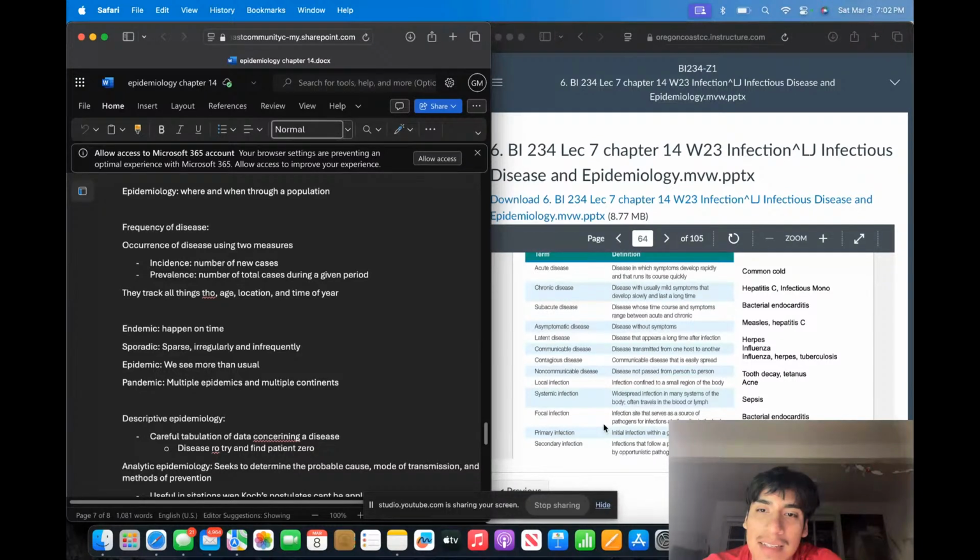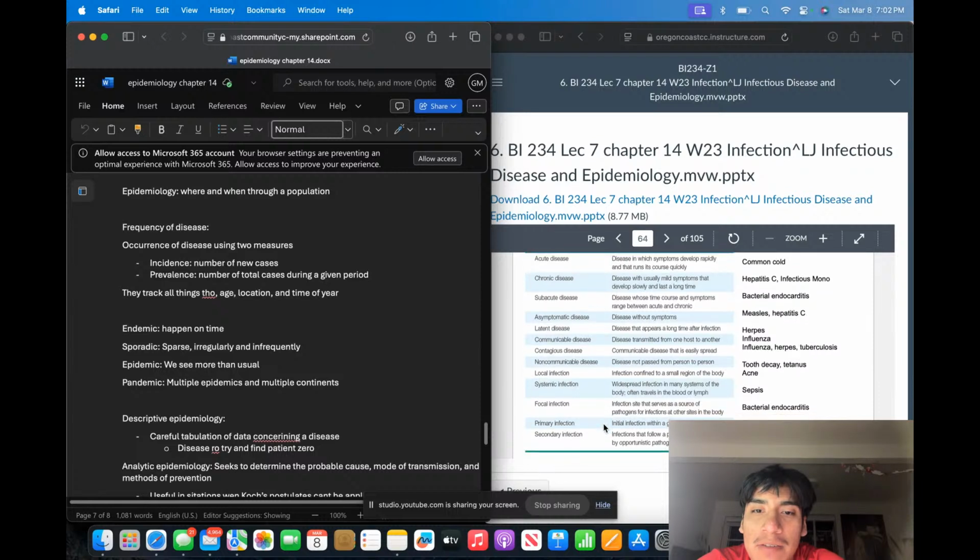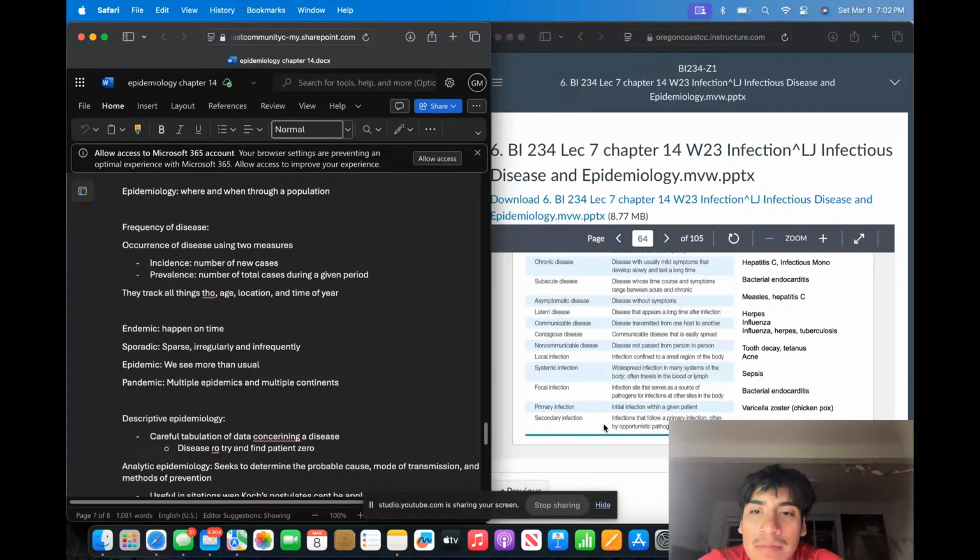Asymptomatic, latent disease, communicable disease, contagious disease. Non-communicable disease does not pass from person to person. Level of action: a smaller region of the body, systemic infection, whole body, focal infection.